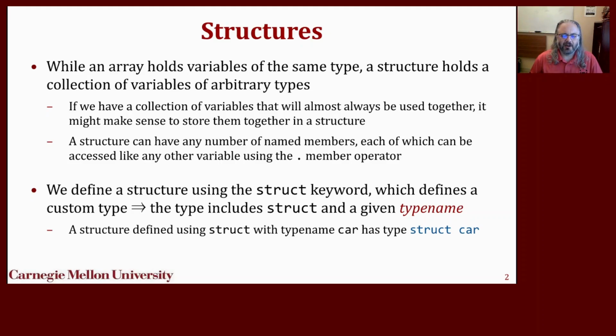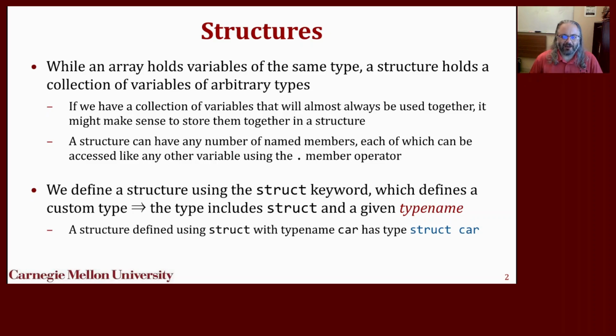In particular, anytime we have a collection of variables that we want to use together to describe something at a higher level of abstraction, it might make sense to store them together in a structure. This is starting to look a little bit like an object in object-oriented programming, except it's just the member data of an object, if you're familiar with object-oriented programming.